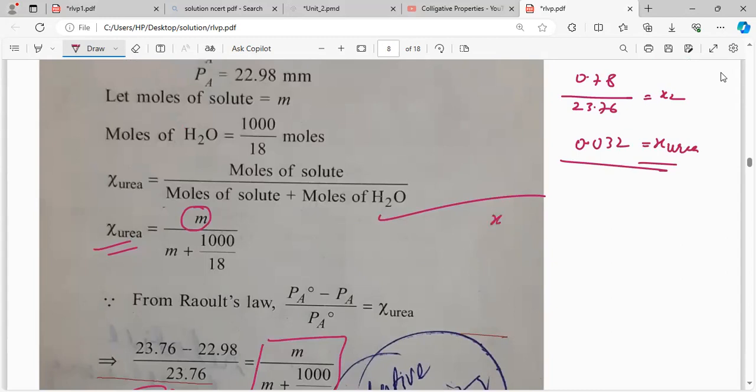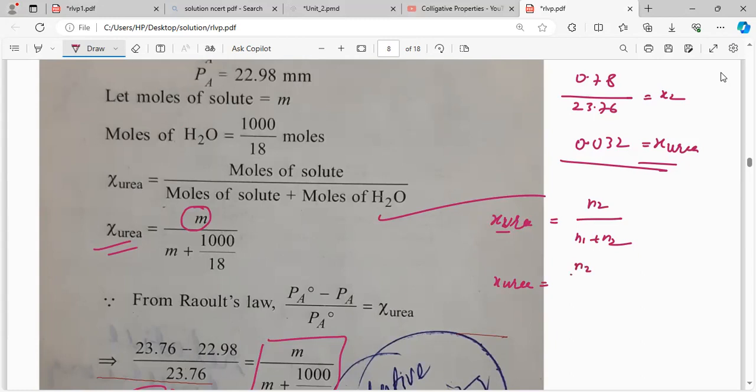So now X urea is equal to, what you can do? That is N2 divided by N1 plus N2. Yes or no? So X urea is equal to, if I consider the number of moles of solute per kg mass of the solvent, let it be N2 as it is.